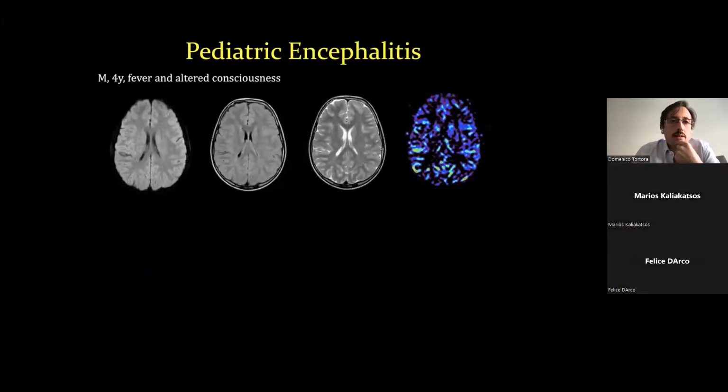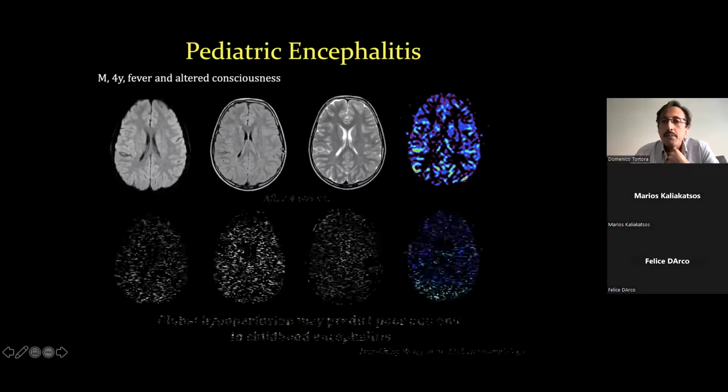This is another case, a very young boy, 4 years old, with fever and altered consciousness. Also in this case, no lesion on DWI, no abnormalities on FLAIR and T2-weighted sequences. This time, ASL revealed a global hypoperfusion.